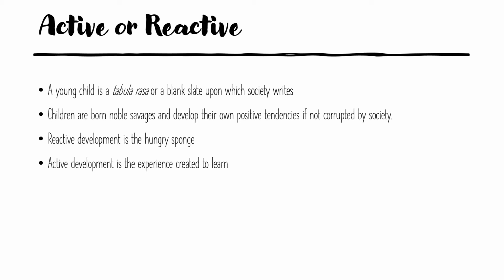The result today is that we have two approaches to human development, active and reactive. In reactive development, humans are seen as hungry sponges soaking up experiences that shape them over time, whereas active people create experiences because they are motivated to learn.